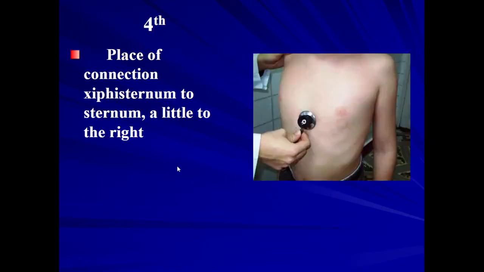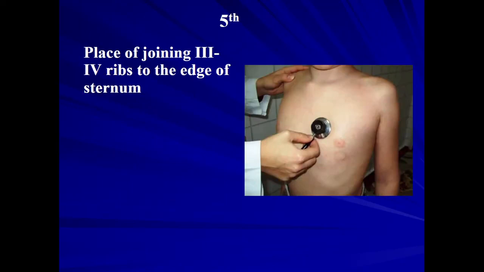The fourth point is the place of connection of the xiphoid process to the sternum and a little to the right. You can see here. And the fifth point is the place where the third and fourth ribs join the edge of the sternum.